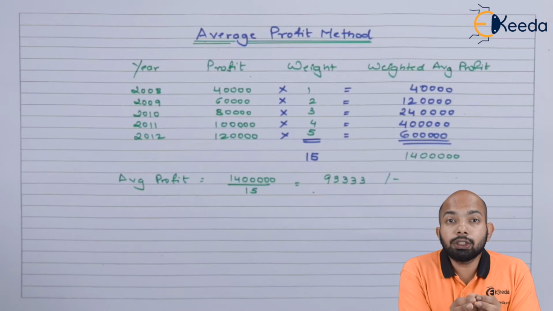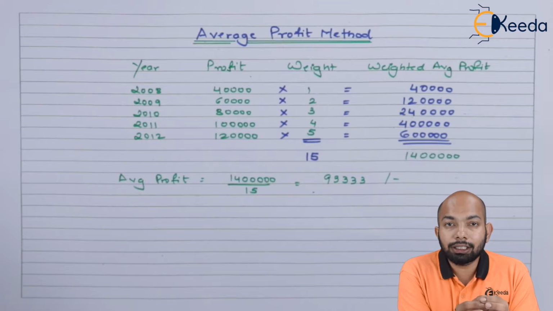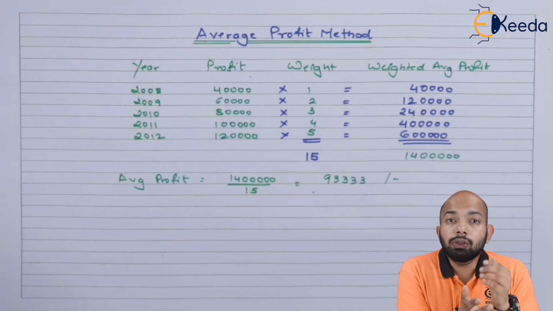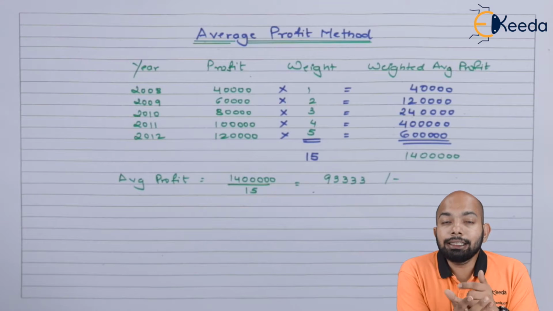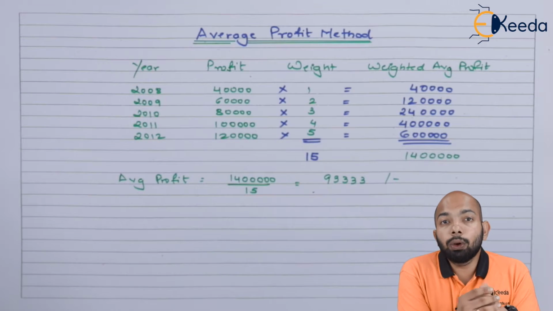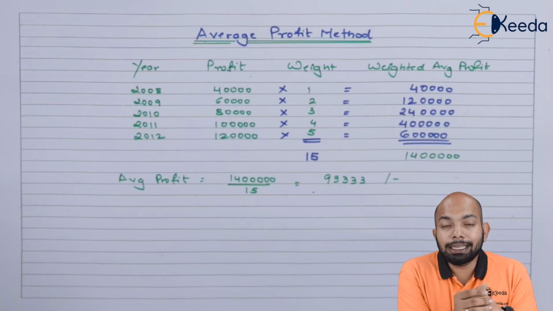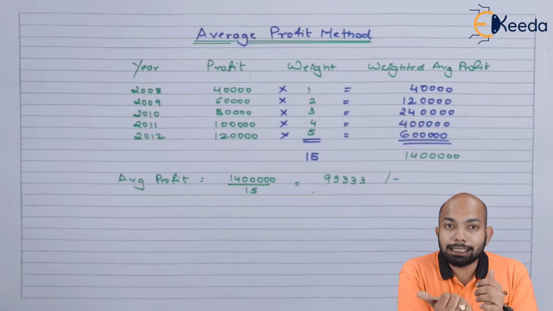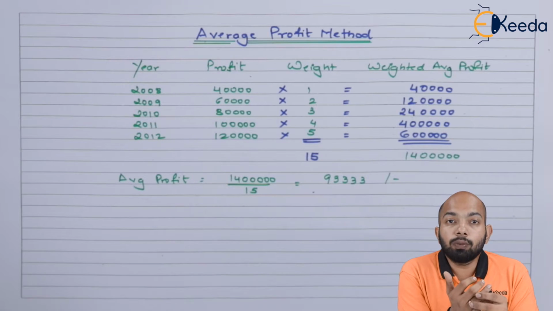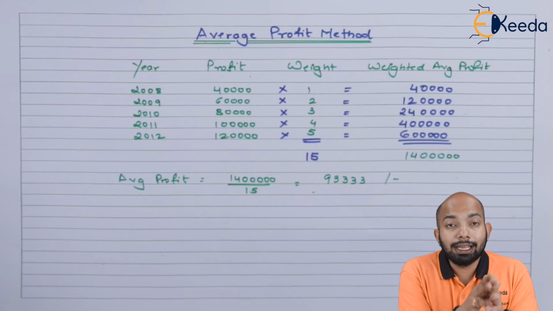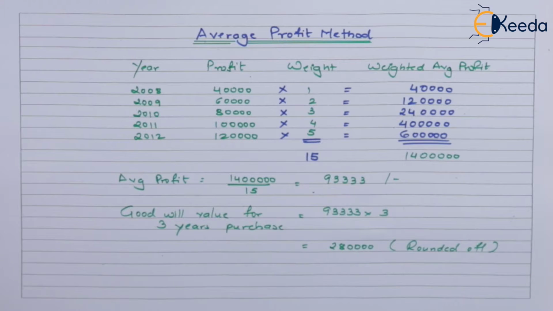Now, to figure out the goodwill under this scenario for 3 years, you simply have to multiply 93,333 with the year 3. That means 3 years to be multiplied by this. So this will give you a total of the goodwill value for the next 3 years purchase. Let's figure it out. So the goodwill value under this method for this illustration is 2,80,000. So that's the goodwill value as per average profit method.